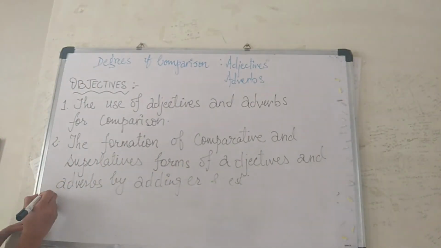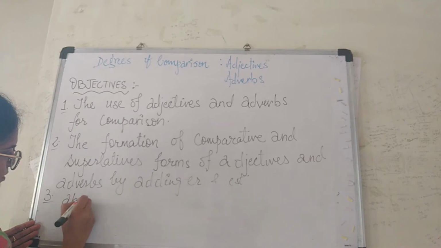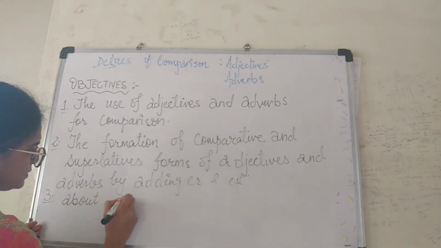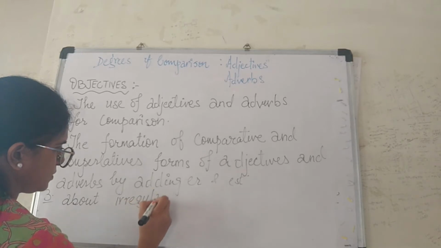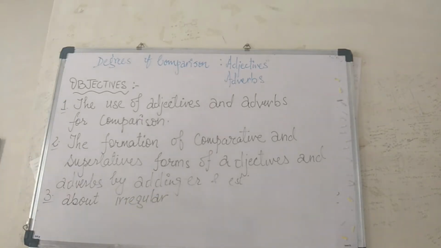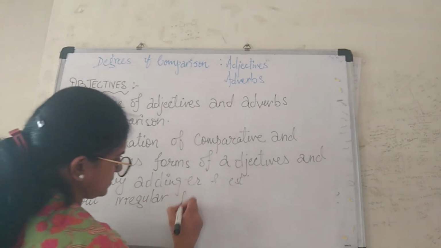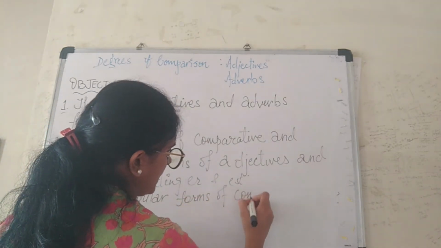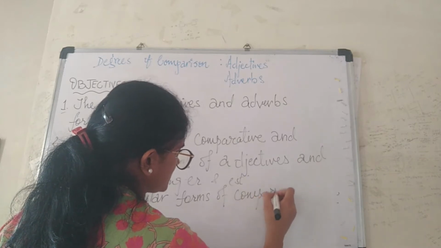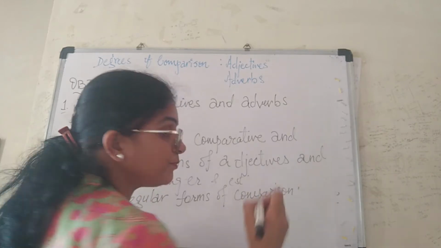Now the third objective of today's class is about irregular forms of comparison. And the last objective of today's class is about adding more and most.